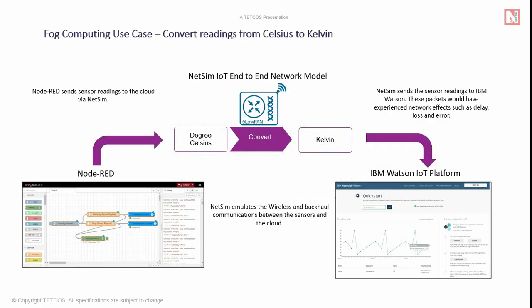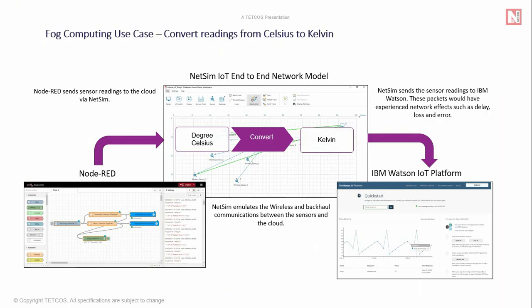In the conversion example, the 6-LoWPAN gateway converts from Celsius temperature scale to Kelvin temperature scale by adding 273 to each reading. Thus, for example, a reading of 27 degrees Celsius would be converted as 300 Kelvin.